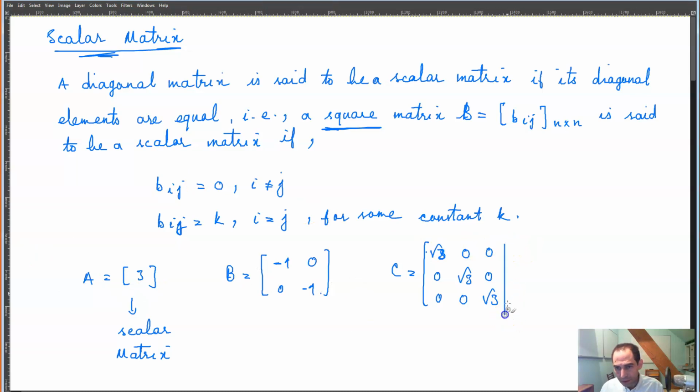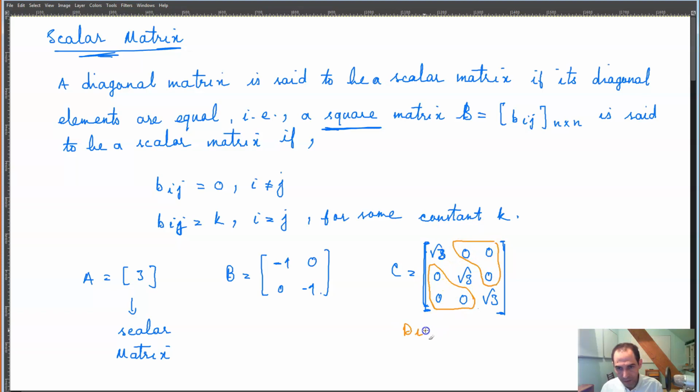So in this case also, what we have is a matrix that is first of all a square matrix. Then it is a diagonal matrix because you get all of these zeros across, in the case of all the non-diagonal elements.